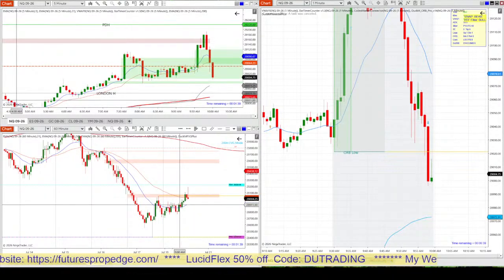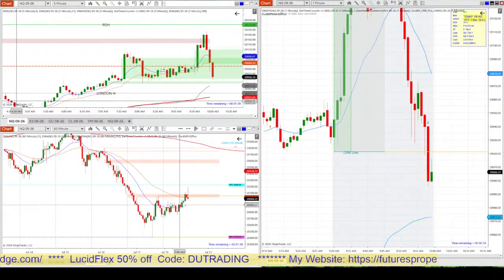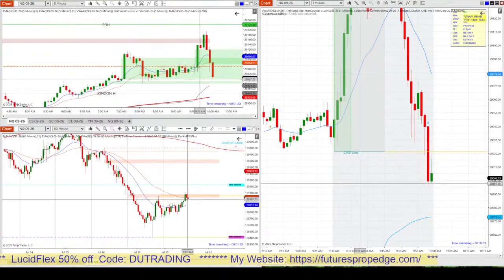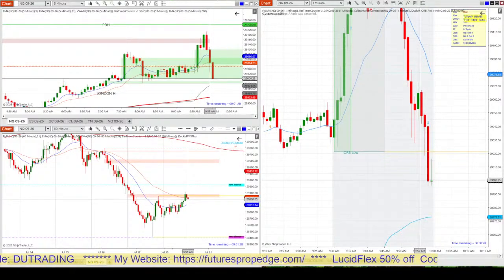Potential next target is all the way down to 28,900, if they start printing under this 29,000.